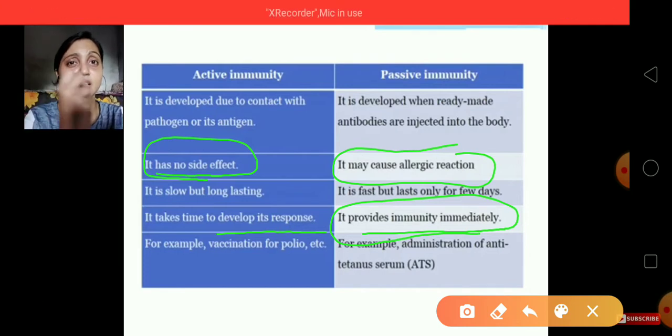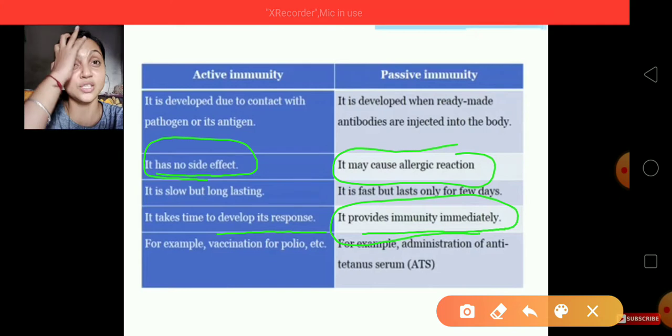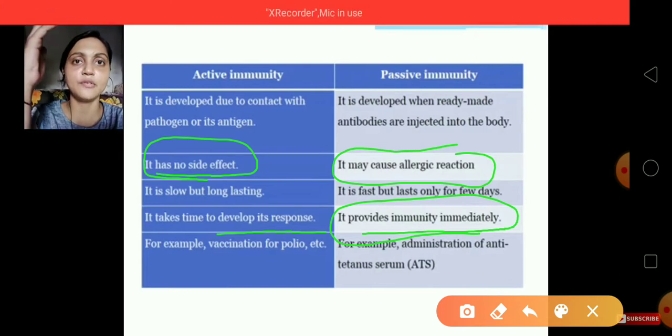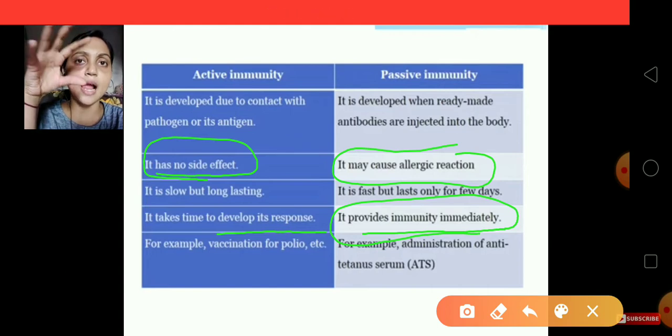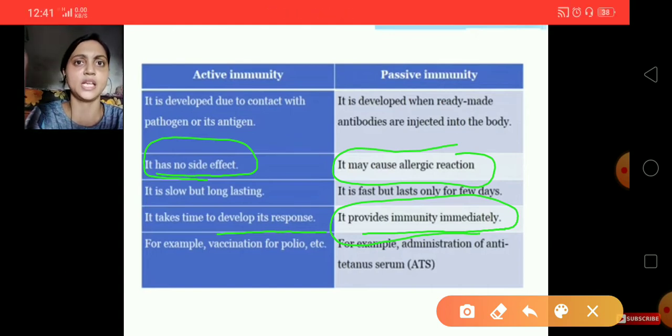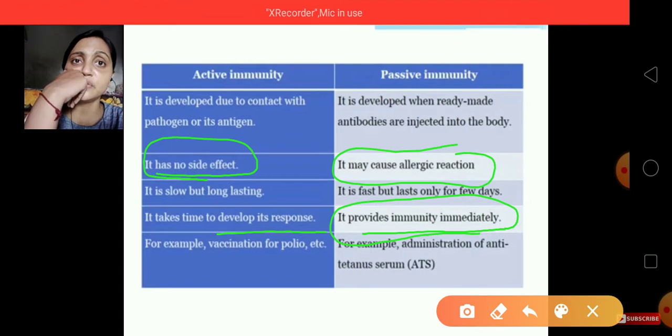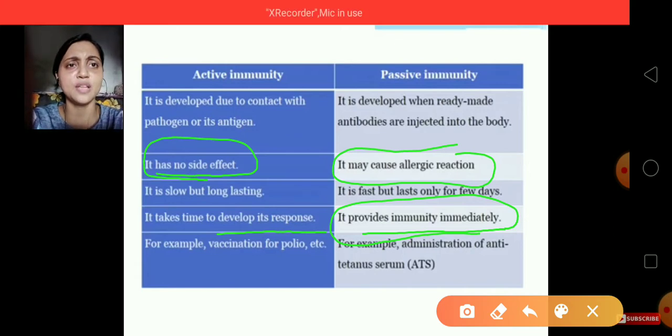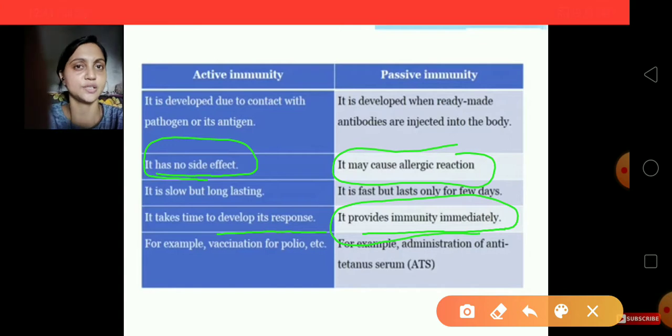That medicine you are taking, the antibiotics, is for that time being only. Whenever your body is attacked by some other bacteria, you will again suffer from fever, and again you have to take some antibiotics. The example of active immunity is vaccination, and of passive immunity is tetanus antitoxin, and similar things.